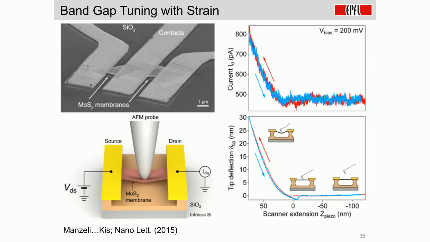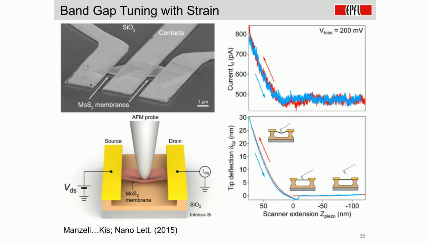On the bottom left-hand image you have the schematic of the experiment. The MoS2 membrane is suspended above a trench in silicon dioxide, and then we have the source and the drain electrodes. Again, we use one of the output channels of the AFM controller to apply the bias voltage (VDS) to the membrane so that it conducts current.